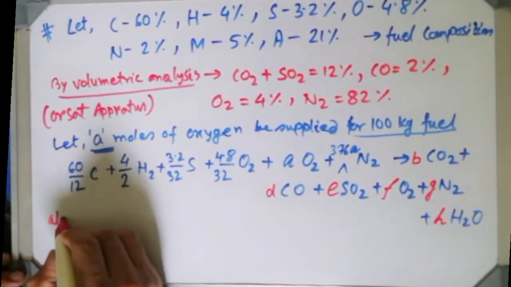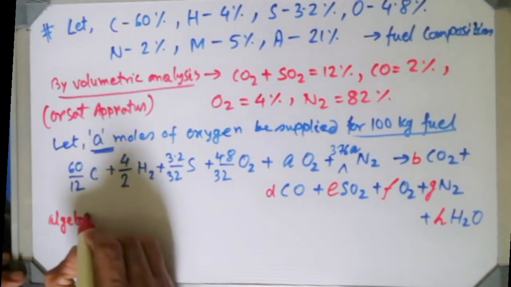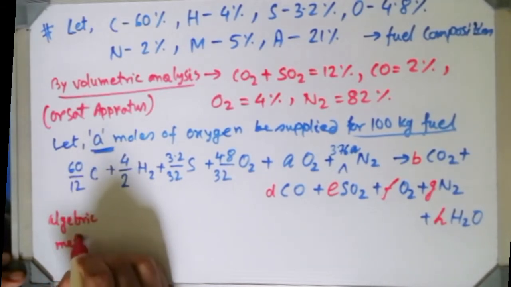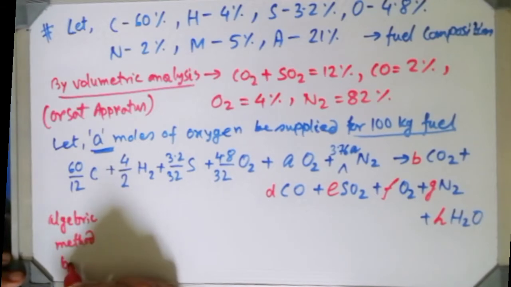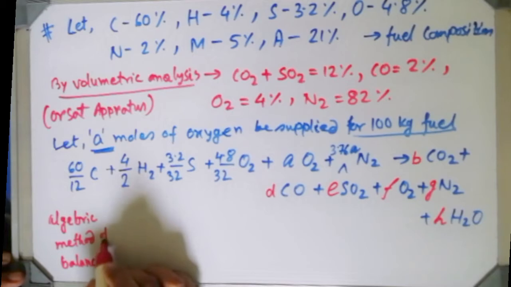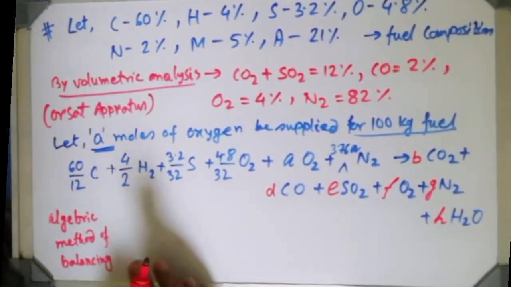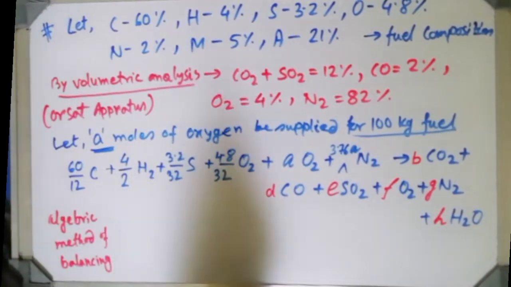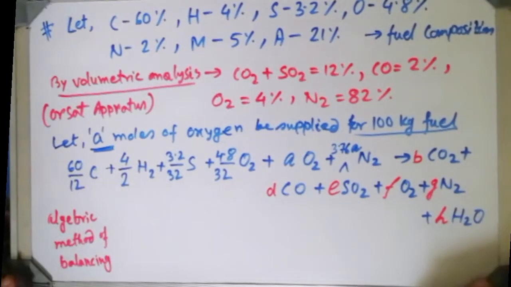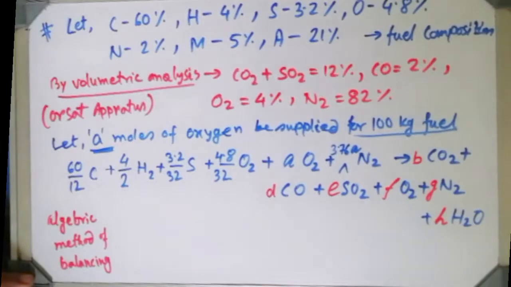The trial and error method is very common, but the algebraic method is much easier to solve, by which you can find these coefficient values, or these numbers of moles. So what are we going to find out? These B, D, E, F, G, H values.